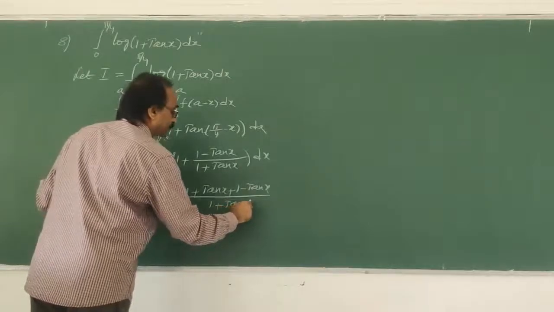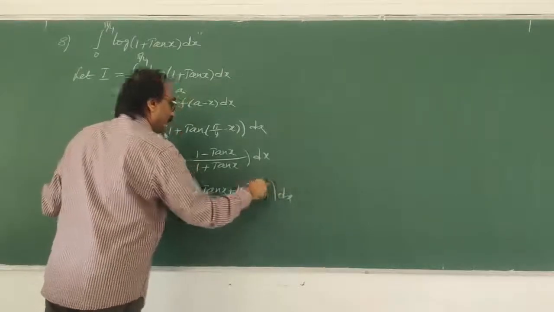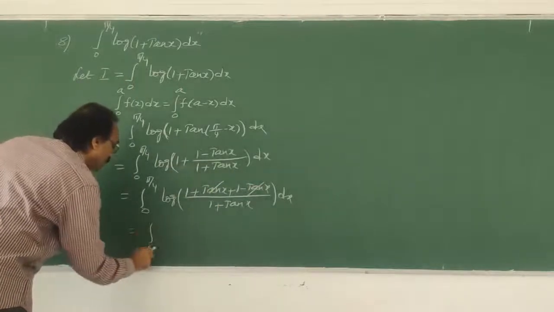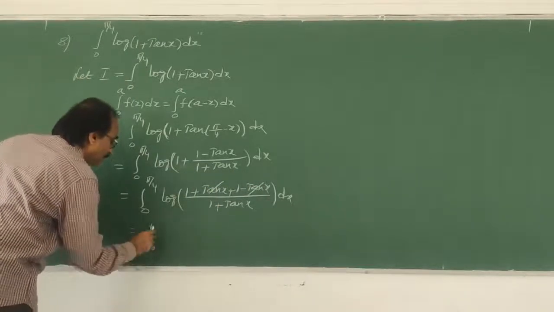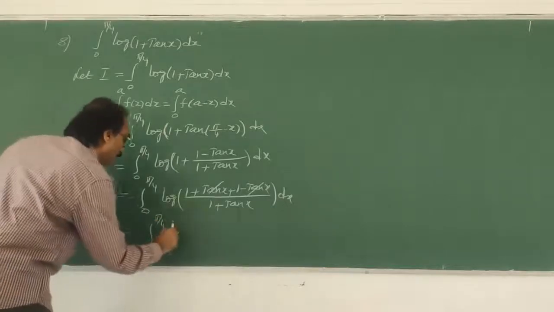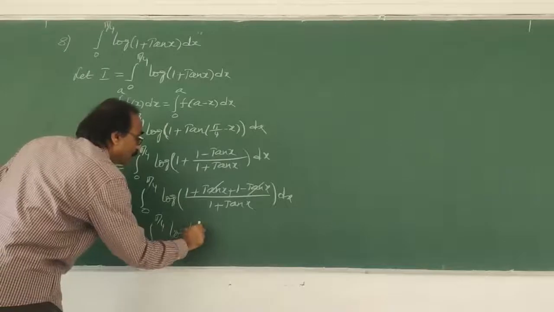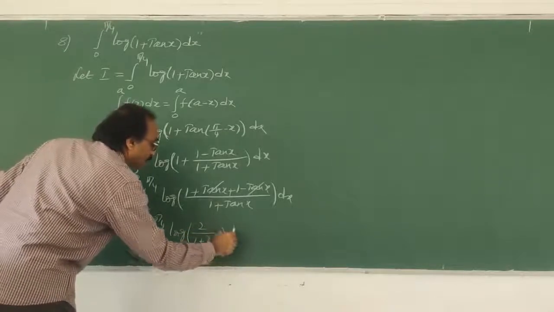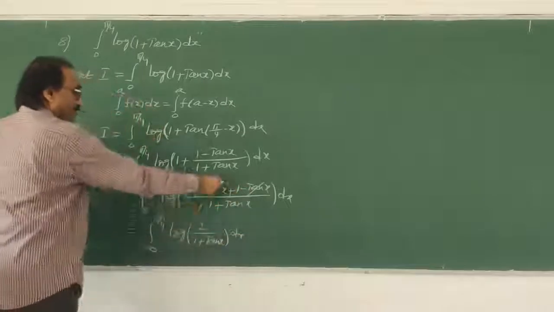Now what happened? Here minus tan x and plus tan x cancel. So we can write the integral from 0 to pi by 4 of log of 2 by 1 plus tan x dx. These two cancel, 1 plus 1 is 2.